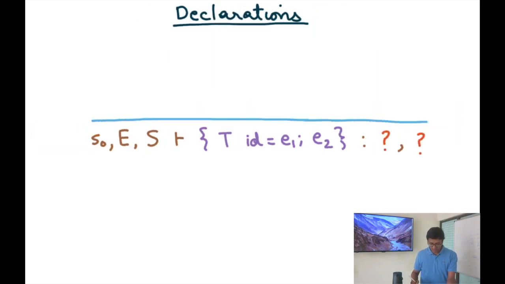Let's move forward. Declarations. So far our E hasn't changed at all. We recall that E is the variable environment that maps variable names to locations in the store. And what is the way for a statically scoped language like C, C++ to update E?